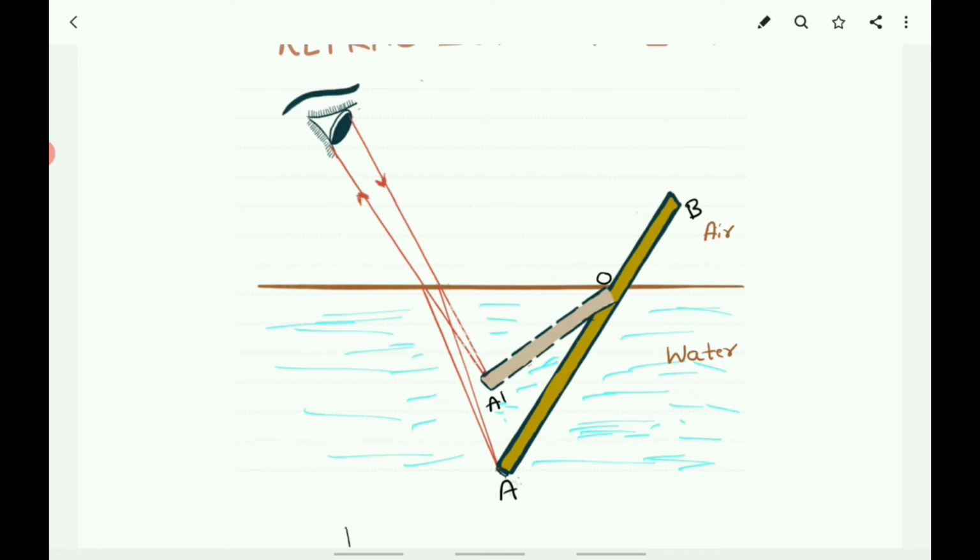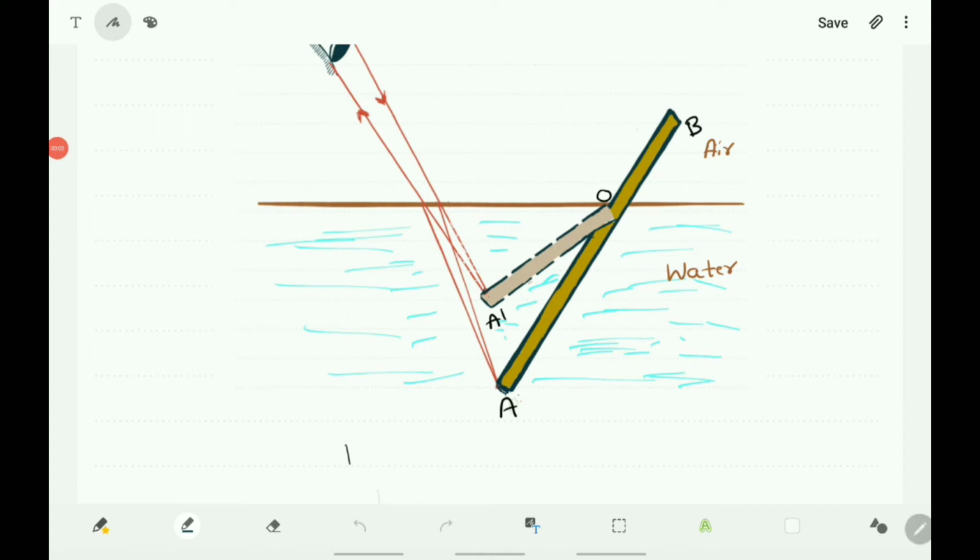So these observations indicate that light does not travel in the same direction in all media. It appears that when traveling obliquely from one medium to another, the direction of propagation of the light in the second medium changes. This phenomenon is known as refraction of light.